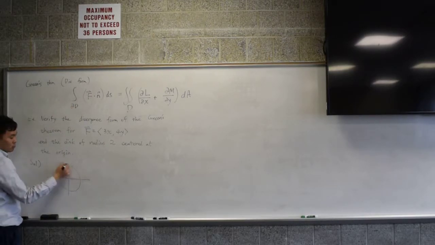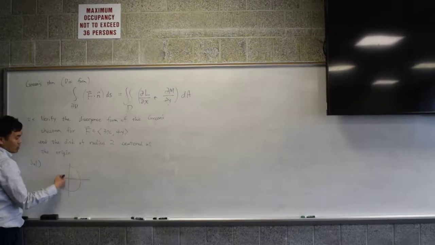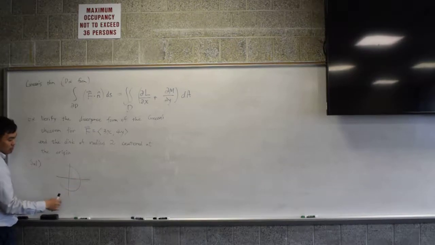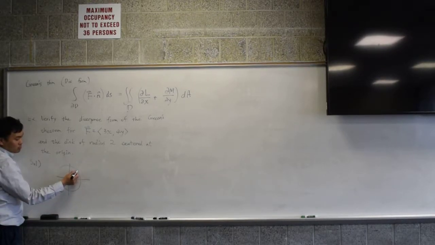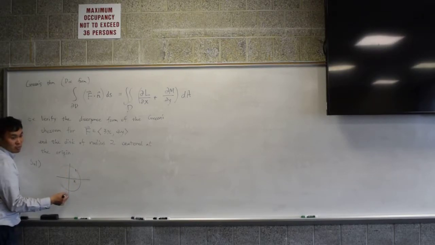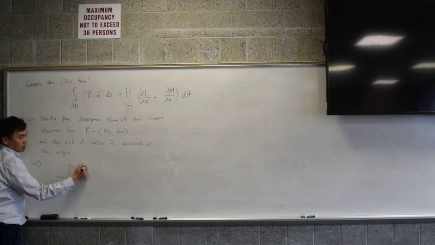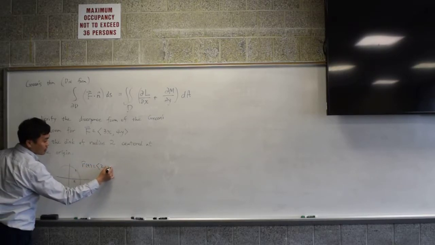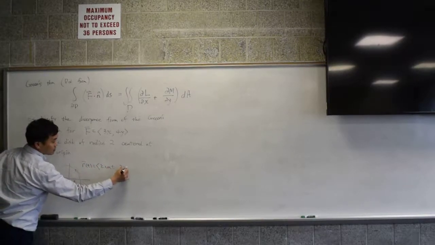It doesn't matter if you parameterize it counterclockwise or clockwise. Usually counterclockwise is easier, so let's use counterclockwise. So what's the parameterization of this boundary of the disk of radius 2? r(t) is? Yes? 2 cosine t, 2 sine t.